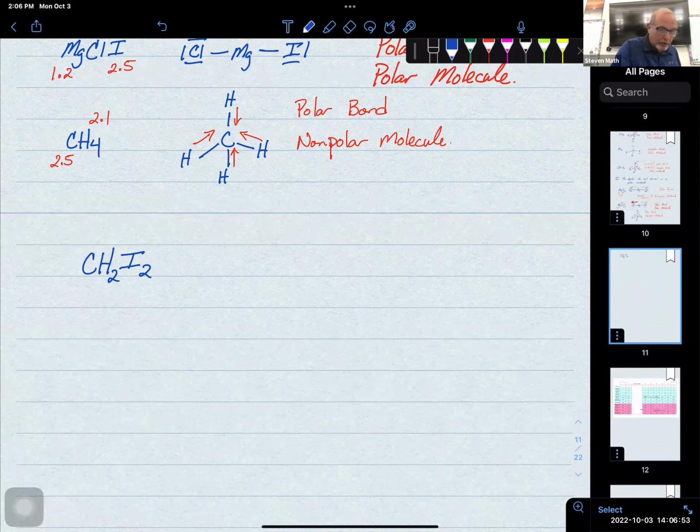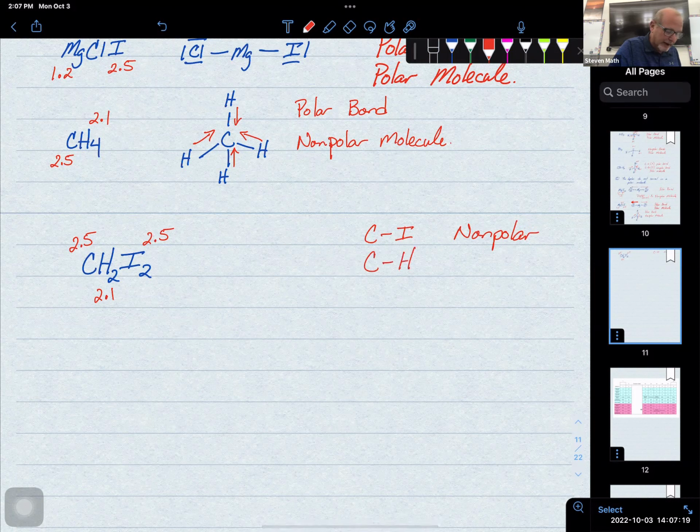Okay, so electronegativity values 2.5, 2.1, and 2.5. So now our answer is I have a C to I bond. It's nonpolar. Electrons are equally shared. I have a C to H bond that's polar.